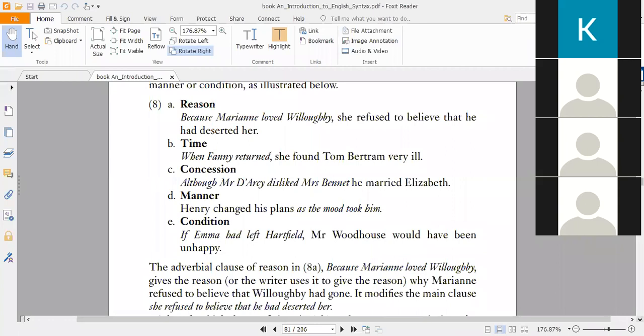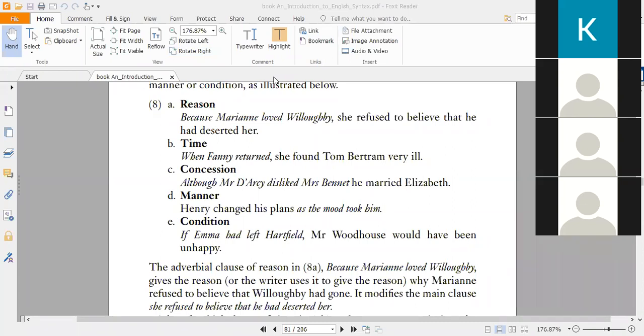Reason. Because Mehmuna loved Tariq, she refused to believe that he had deserted her. In fact, the sentence is she refused to believe that he had deserted her, but because is showing the reason, so the whole subordinate clause is modifying the whole clause, she refused to believe that he had deserted her.